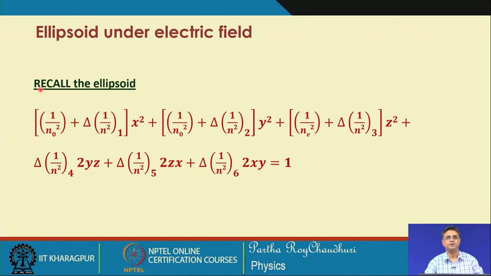So, let us recall the ellipsoid when it is under electric field. You have these incremental values of the refractive indices attached to the square components of the ellipsoid, and these are the cross terms which are also attached with these changes in the refractive indices.